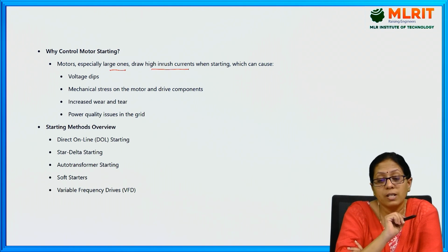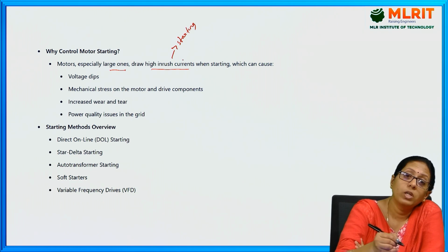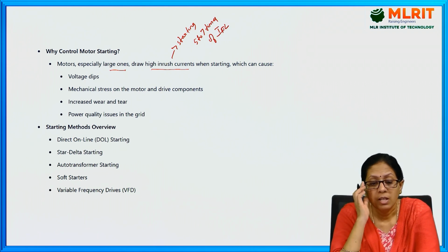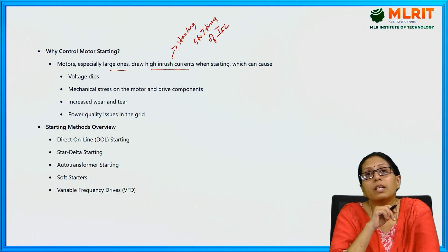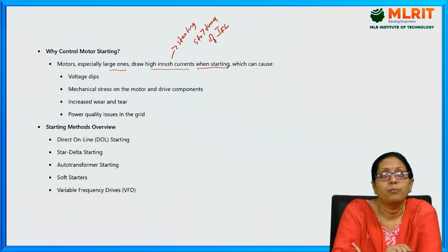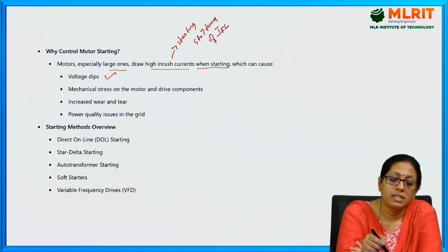Inrush current means starting current, which is almost 5 to 7 times I full load. As I said previously, the starting current of a motor is 5 to 7 times the full load current when starting only, which can cause voltage dips. As the current increases, voltage reduces.